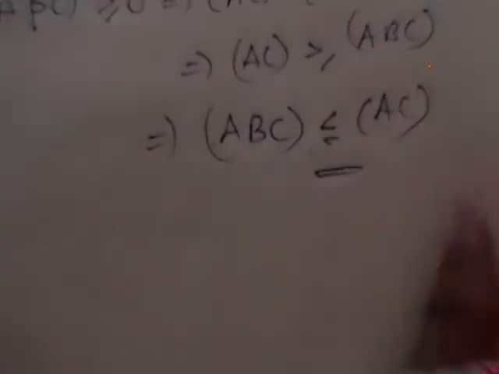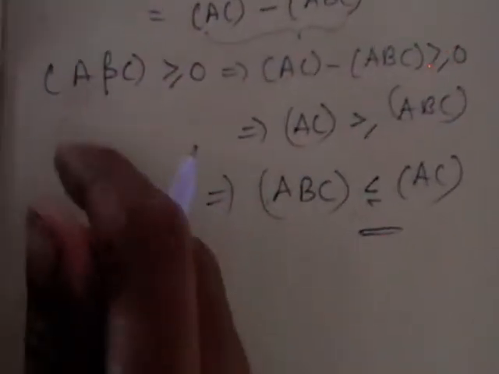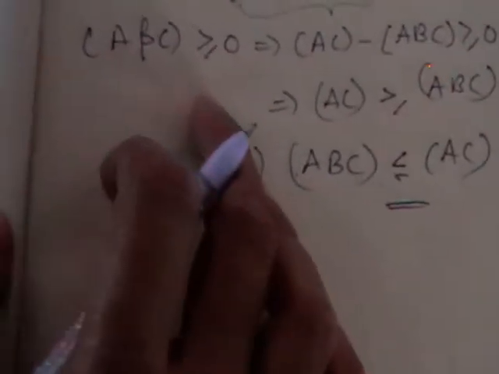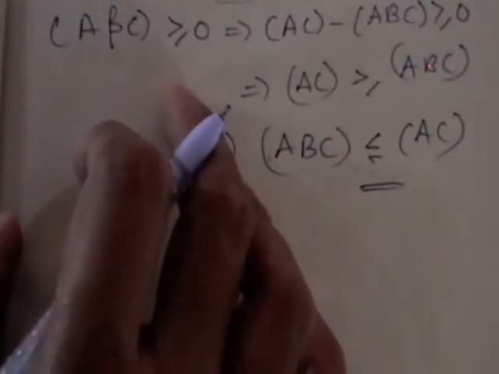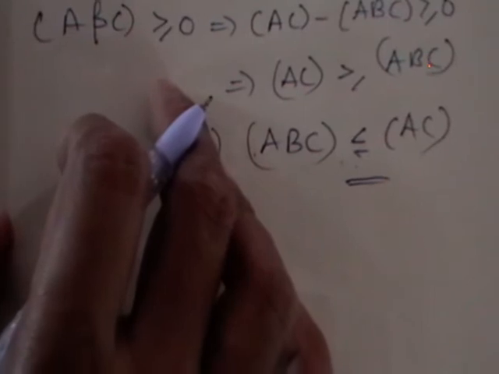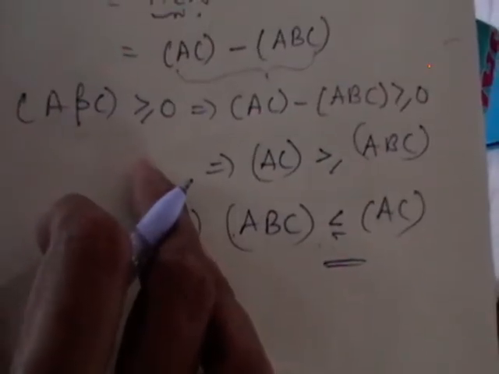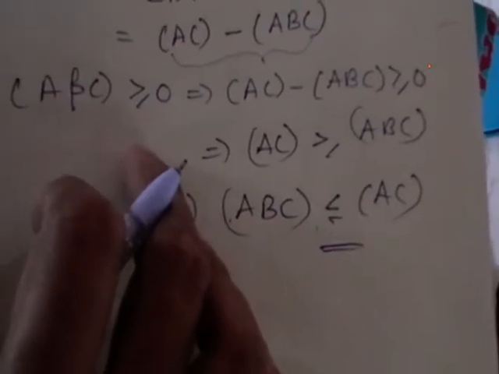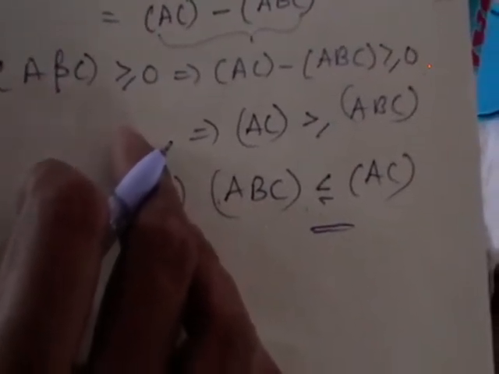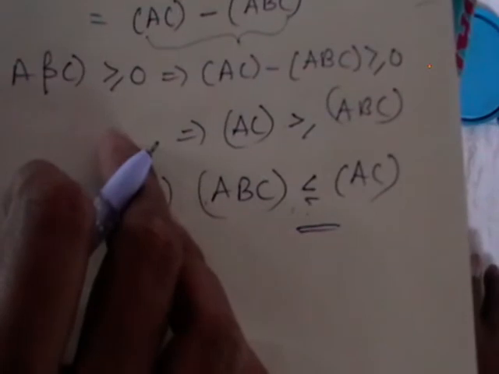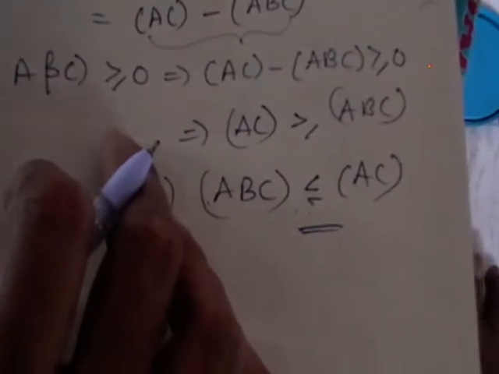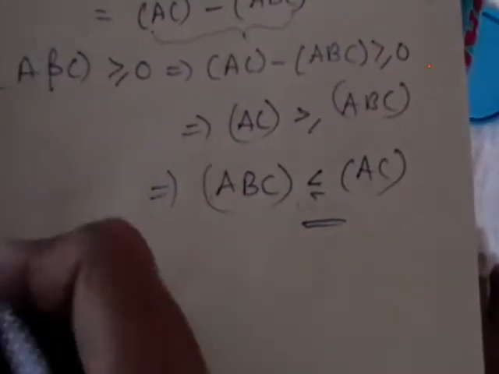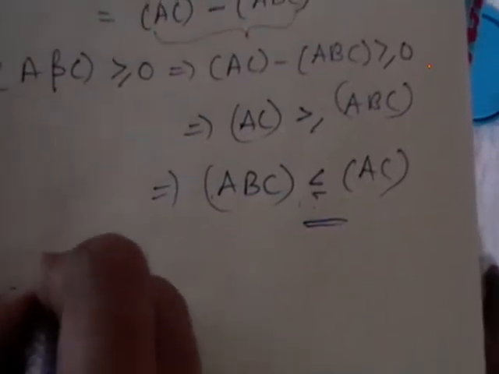Okay. So similarly, what is another positive class? What is the next ultimate class? So from the table, you can see that the next one is nothing but alpha BC.